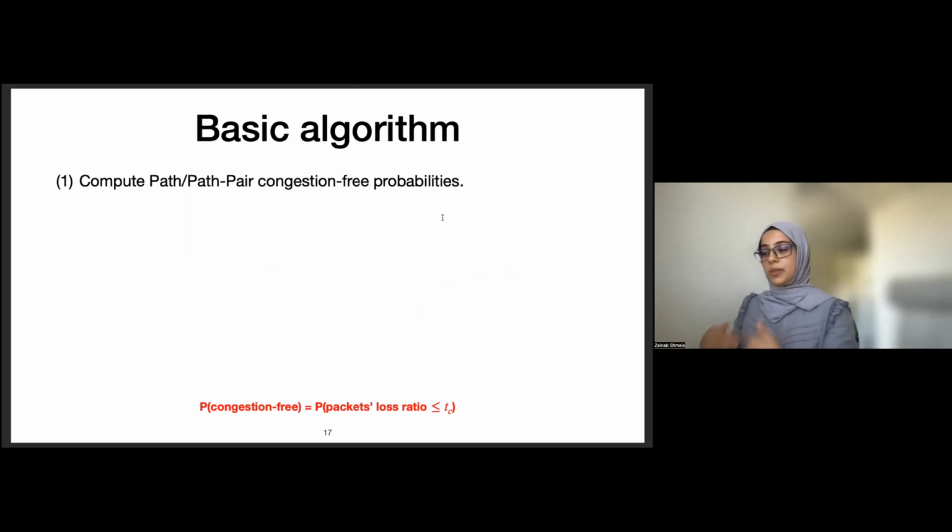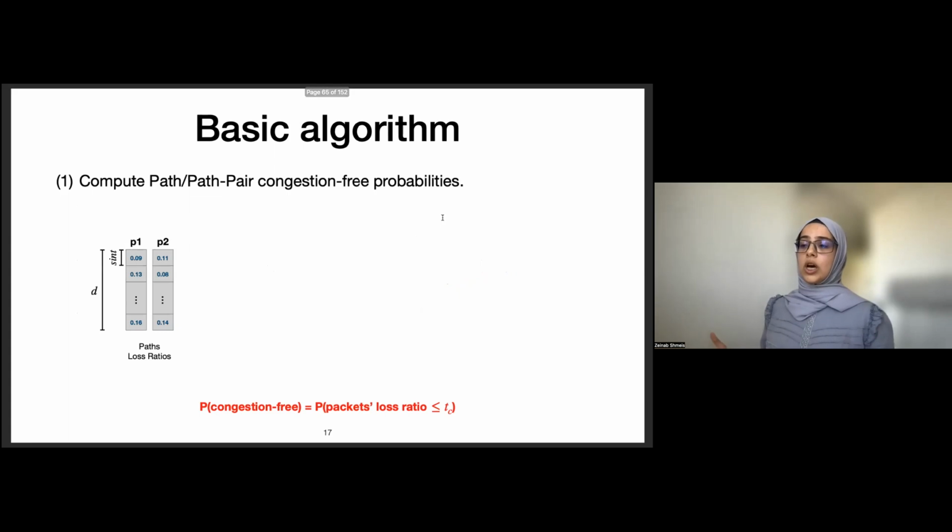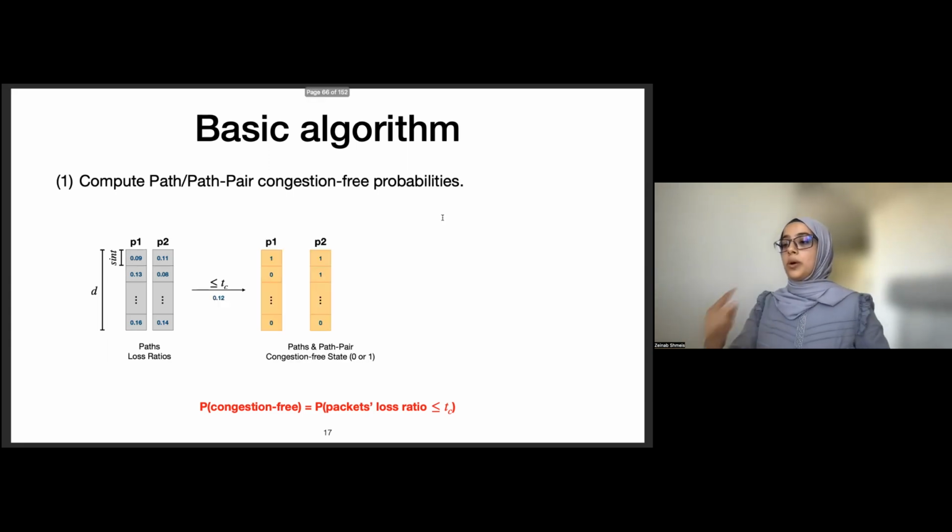And that threshold is something that we determined and set. So how do we do this computation? We take the trace, the traffic over duration d. We divide the time into intervals of size s, and in each interval we compute the loss ratio. When we compare the loss ratios to the threshold, we get the state of the path, whether it's congested or not. So 1 is not congested and 0 is congested.